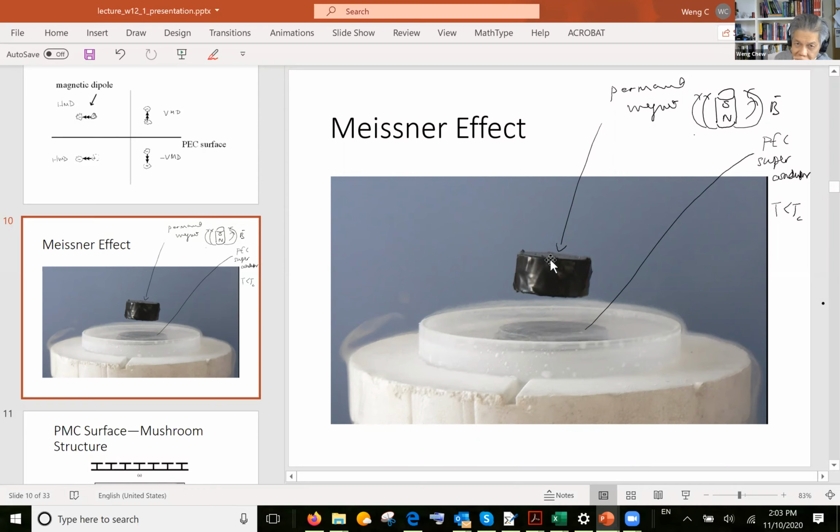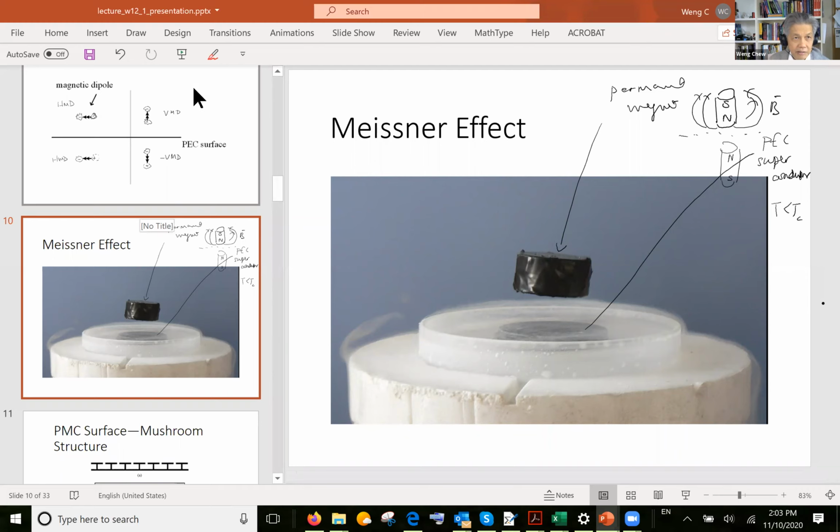And when you put this dipole next to it, there will be an image made from this image of the superconductor, and the image will be the opposite of itself. Okay, a north pole becomes a north pole, a south pole becomes a south pole, and so if you look at the image in the superconductor now, it is a dipole of the opposite polarity, just like what we have over here.